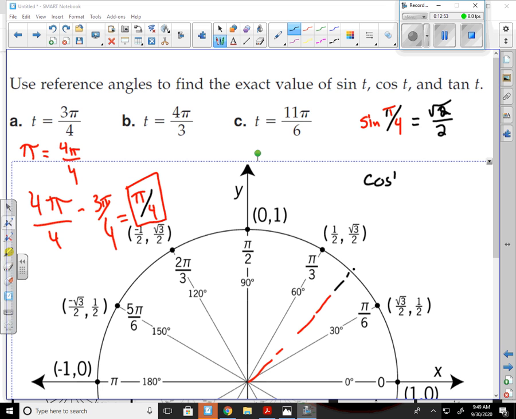Cosine of pi over 4 is root 2 over 2. Remember, though, that we were looking at 3 pi over 4, so technically we should write 3 pi over 4 because that's what we're finding, even though we're using the reference angle of pi over 4. So that makes it negative because the cosine is negative in the second quadrant.